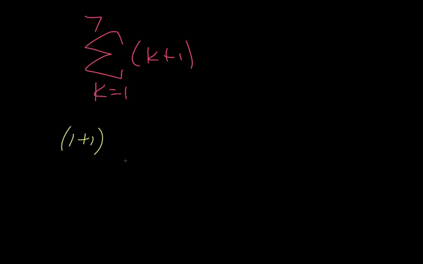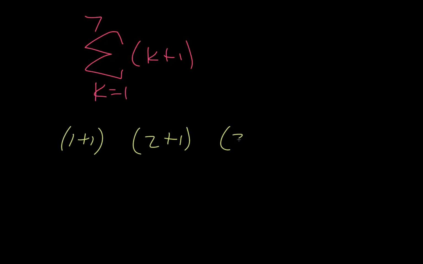I need some more room. Okay. This one says expand and evaluate. And so we're given the summation to start out with. So remember, we plug in a 1, so we're going to get 1 plus 1. Then we plug in a 2, so we get 2 plus 1.